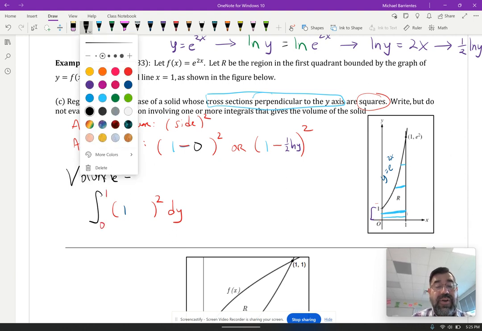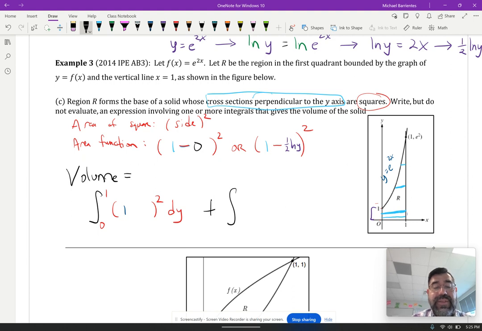And then we're going to add on the integral from 1 to the next y value, and that's going to be from 1 to e squared of this setup. And this setup was, and I'll put the dy, this setup was 1 minus 1/2 natural log of y.